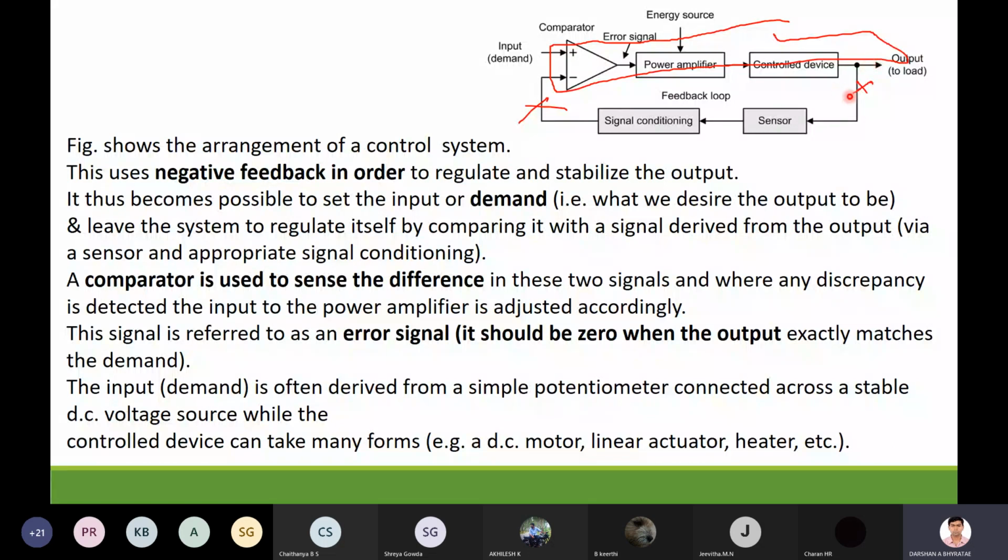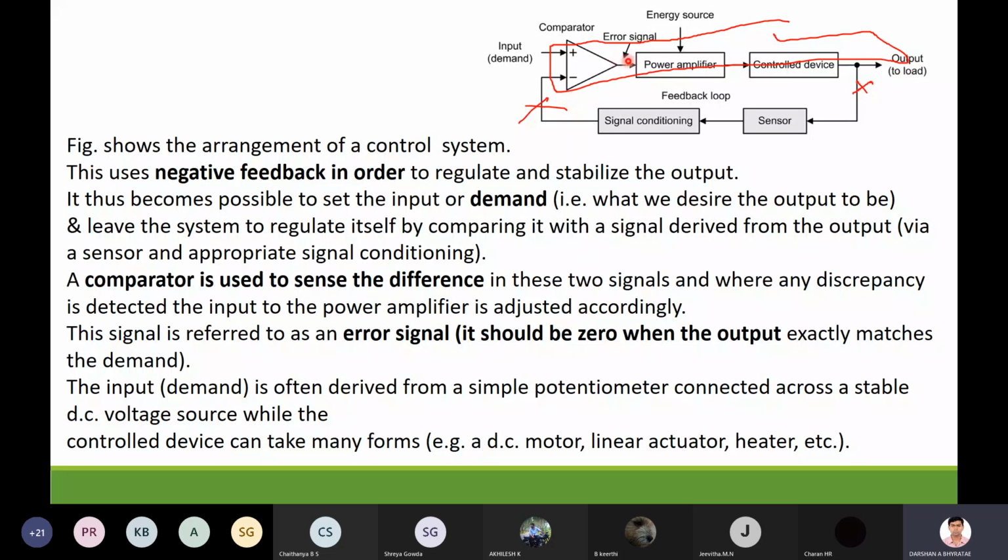So what I have to do is connect the sensor from the output of the device, that is the open loop, to the feedback circuit. From the feedback, it is going to connect to the comparator here. The output of the feedback I'm going to connect with my comparator. Here this is my input signal, which is nothing but my physical quantities. Based on the physical quantities, it is going to compare with the output of my feedback.